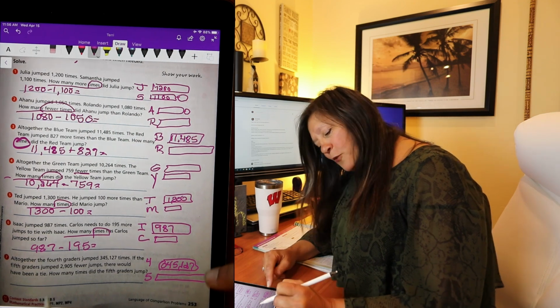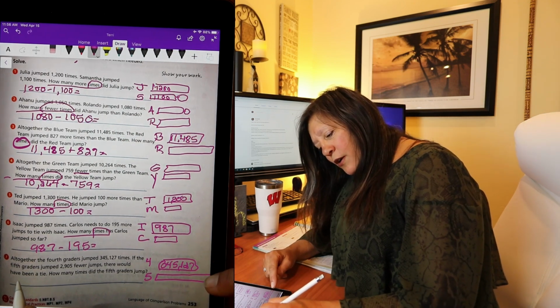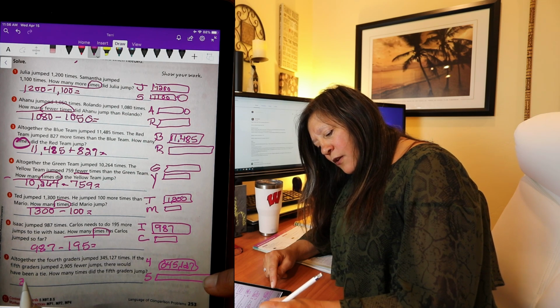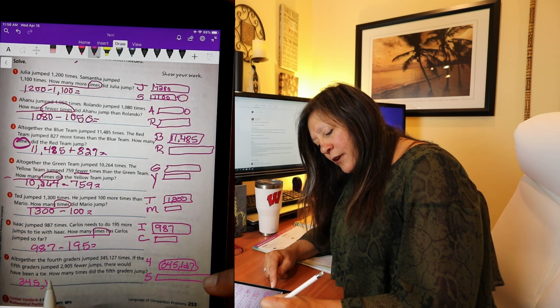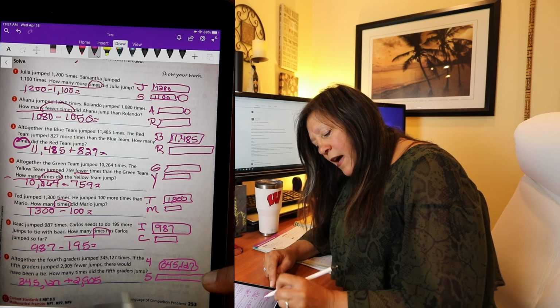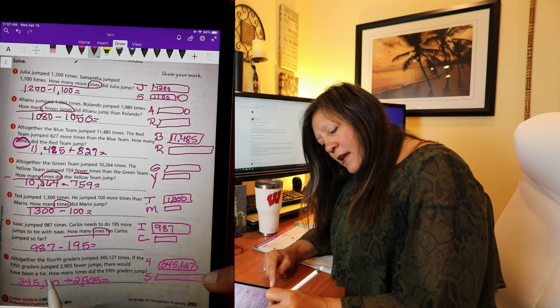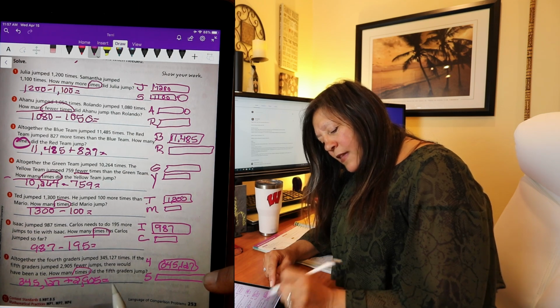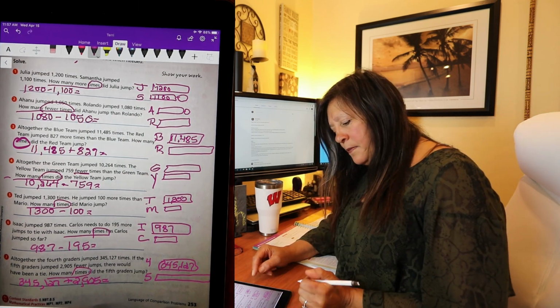Well, obviously, right? So you are going to find your answer by taking 345,127 plus 2,905, and your label is going to be times. That's how many times the 5th graders jumped.